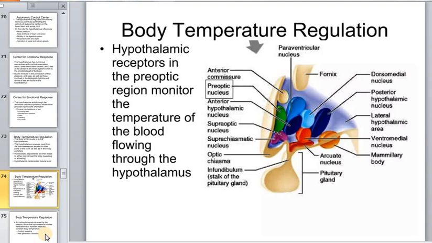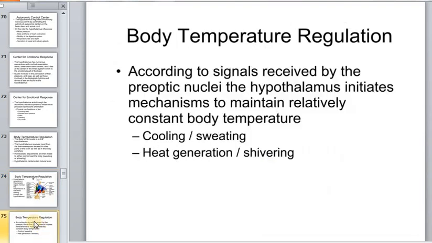You have receptors outside, on the skin of the body, and we have some receptors inside of our mouth, for example, and inside of our organs, like inside of blood vessels. That's not central, it's peripheral receptors of body temperature, but inside of our body.